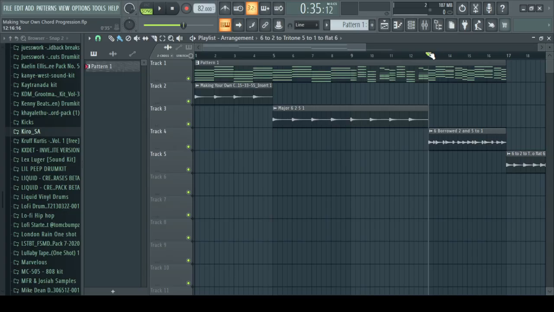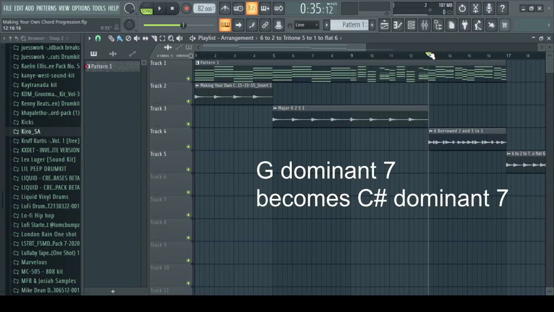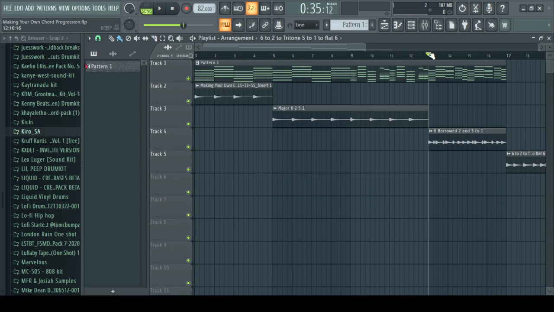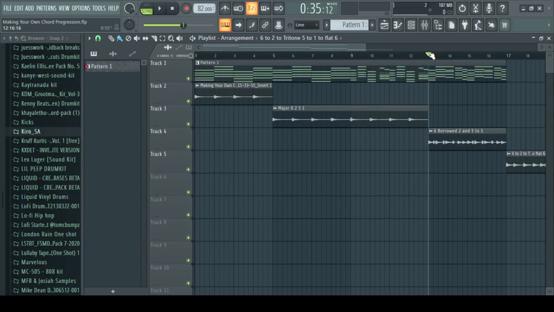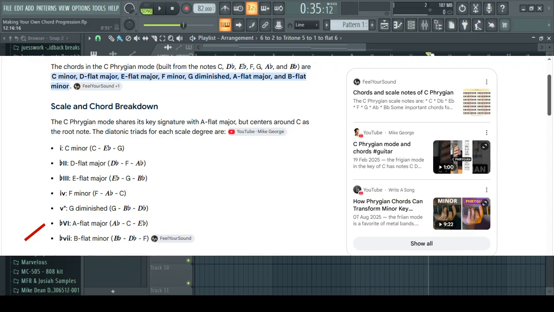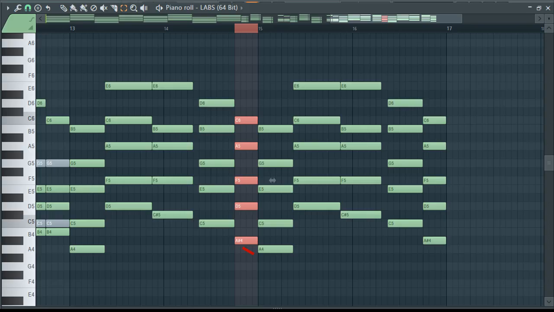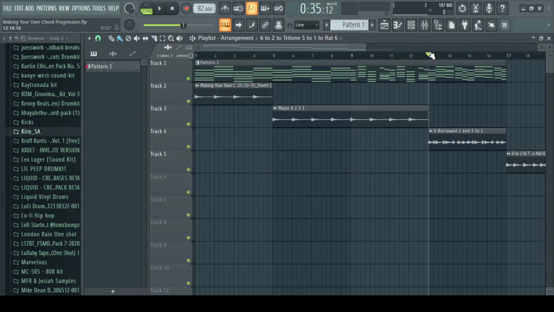So instead of playing G dominant 7, I am now using C sharp dominant 7, which happens to be a chord found in the C Phrygian mode as a 2 chord. I also borrowed the flat 6 chord from C Phrygian to act as a passing chord going back to the 6 chord, A minor 9. And the new chord progression sounds like this.